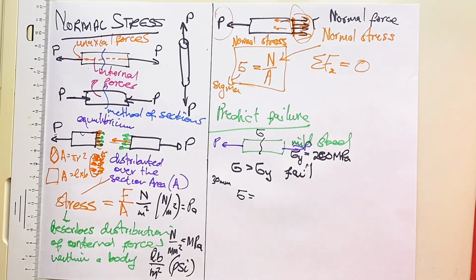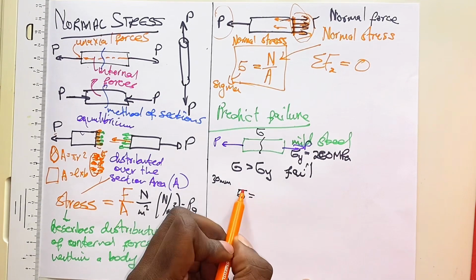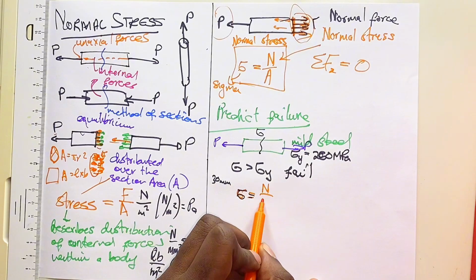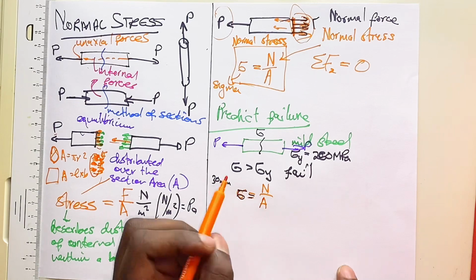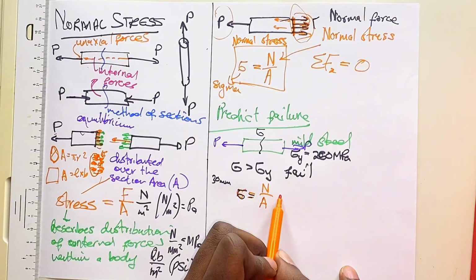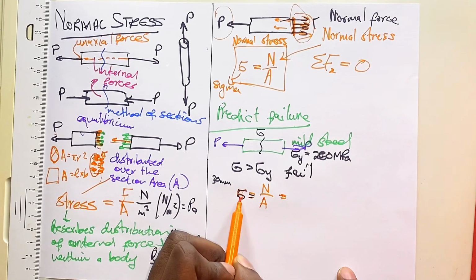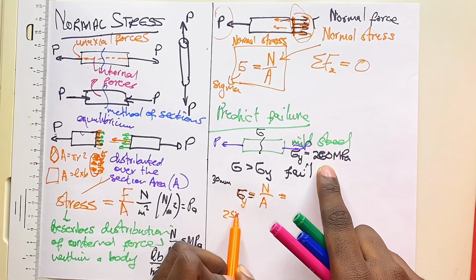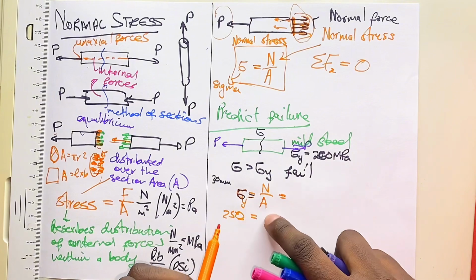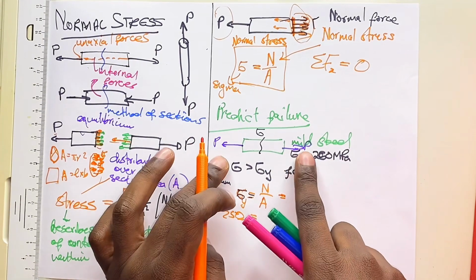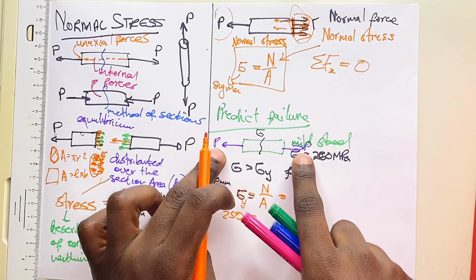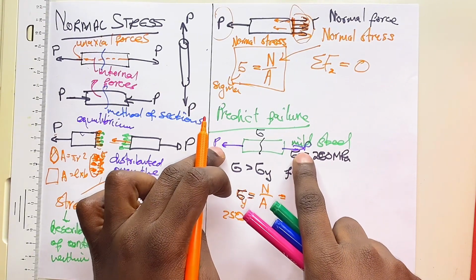Our stress is given by normal force over A. The strength of our member, we know it, and it is 250 megapascals. We do not know the force that we are applying. We just want to know how much force we can exert on a member before it fails.